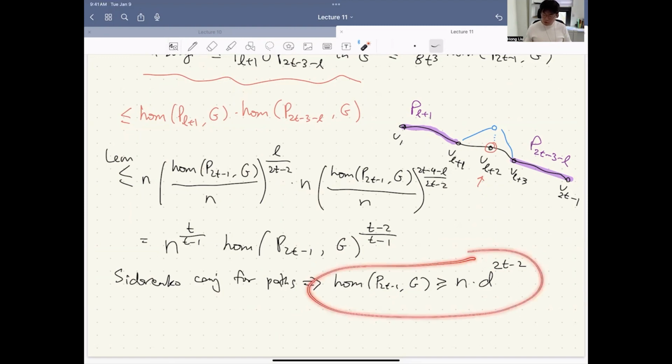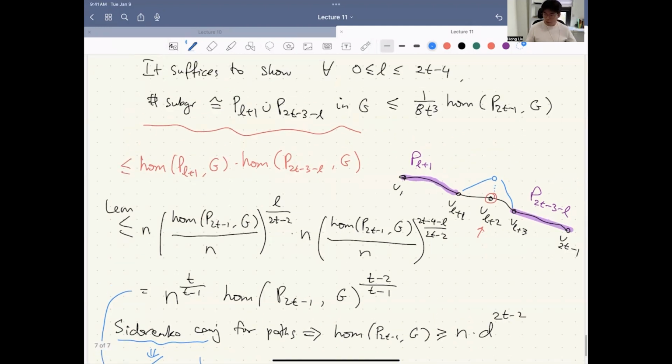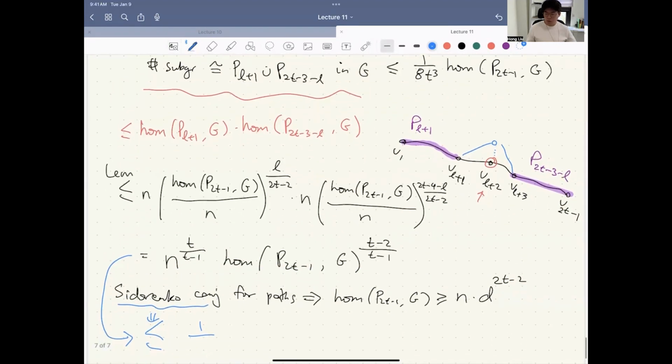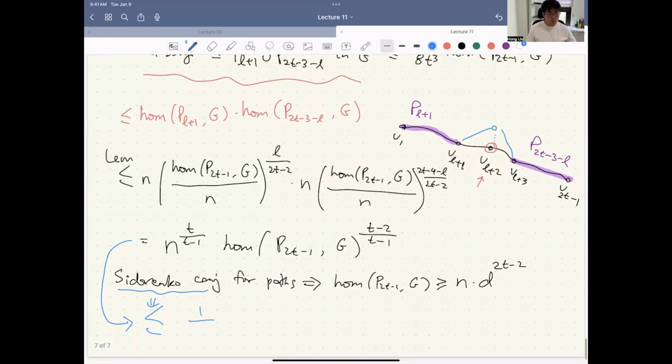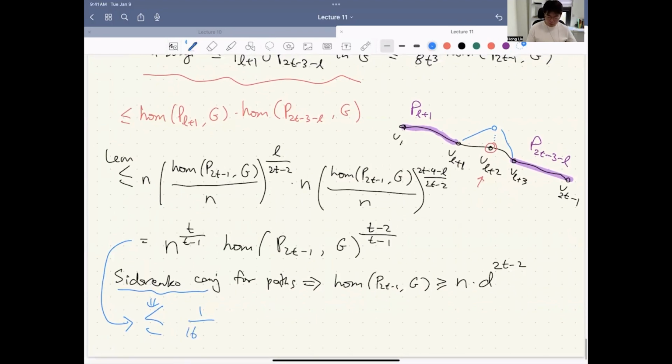Using this lower bound, this is at most the quantity we need to prove. We are done. This is at most 1 over, what was the bound we need to prove? 1 over 16, the number doesn't matter, constant times homomorphisms of P_{2t-1} in G. And we are done.